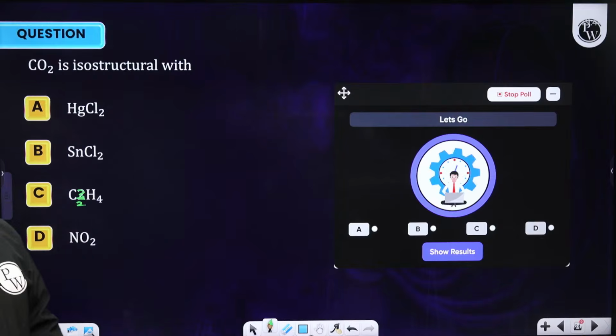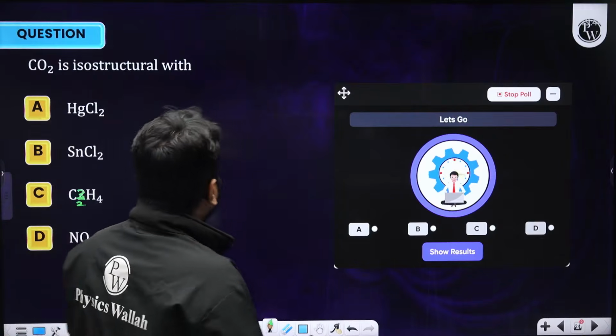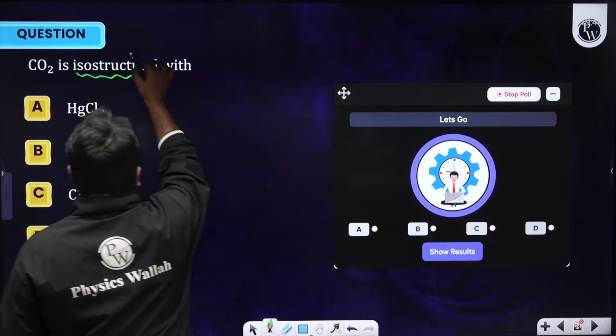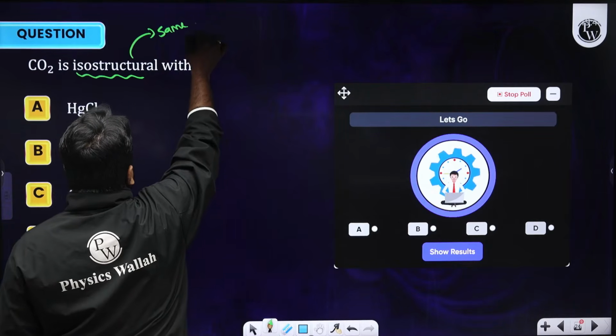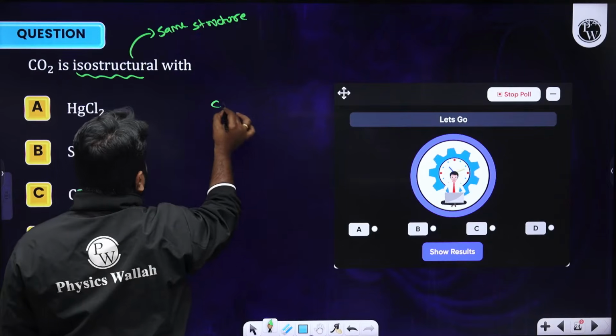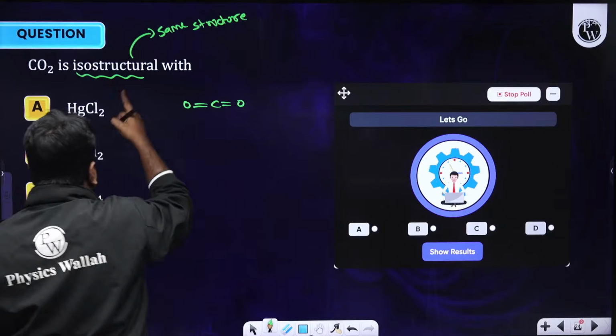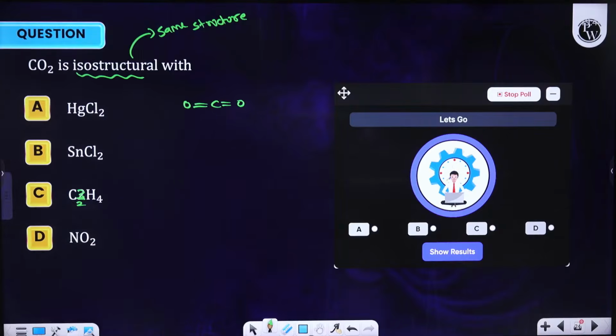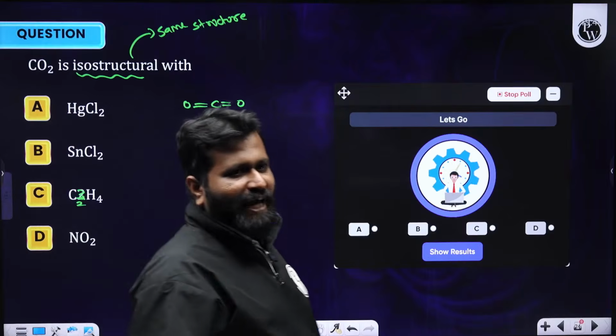Isostructural, that means the same structure should be there, right? If I talk about CO2, it is a linear structure. Which one will be having a linear structure here?